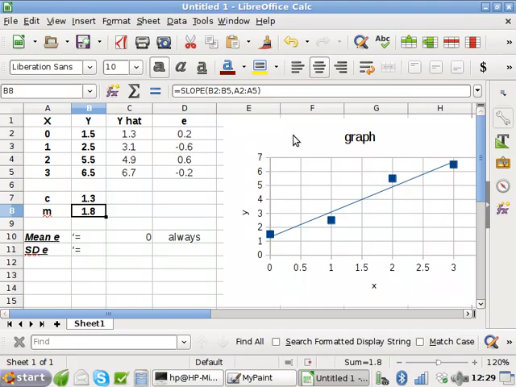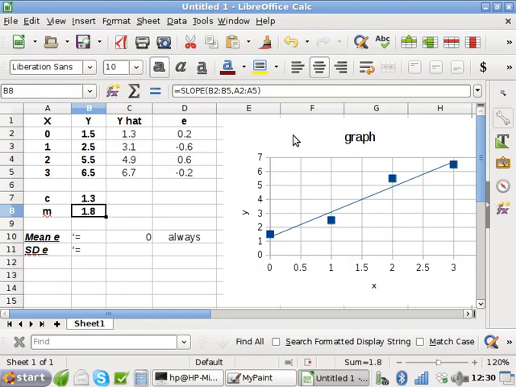Hang on, I'm calculating it. Right, got an answer now? Come on, guys, I did this on my calculator in 5 seconds.